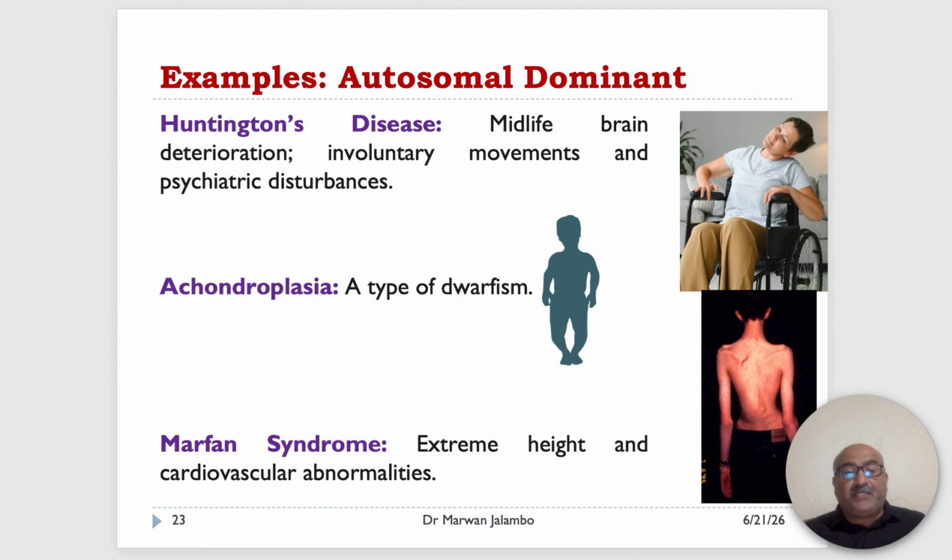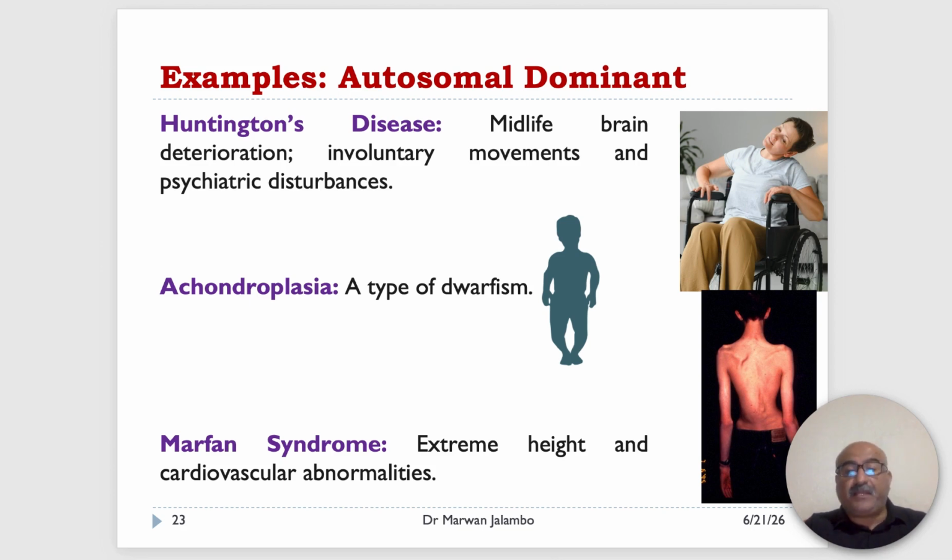What do these dominant disorders look like in practice? A prime example is Huntington's disease, a devastating condition that causes midlife brain deterioration, leading to involuntary movement and severe psychiatric issues.